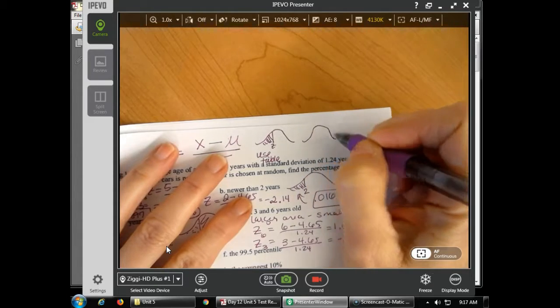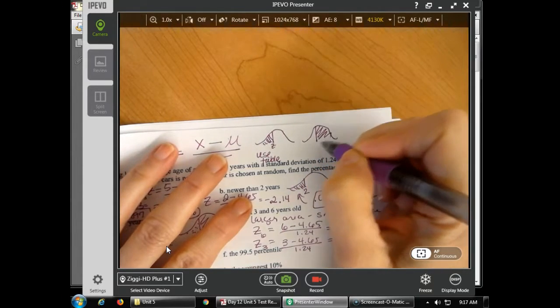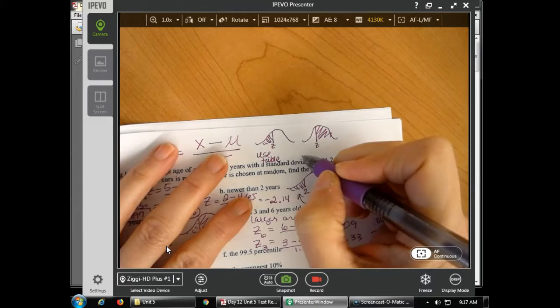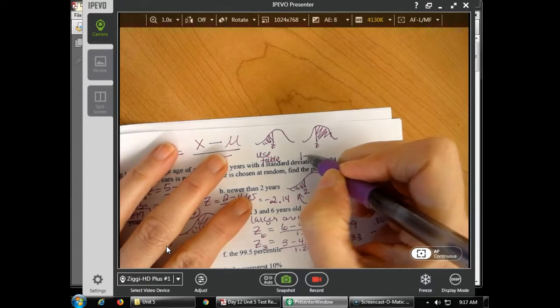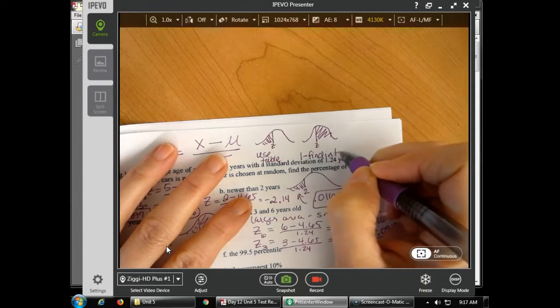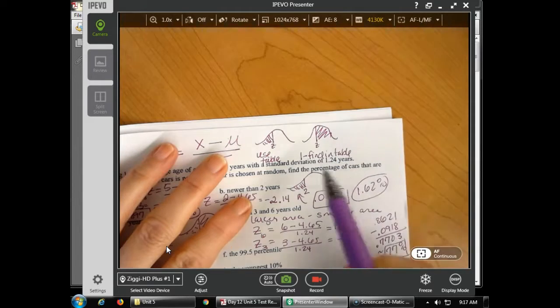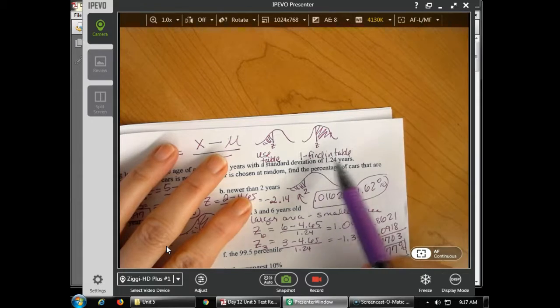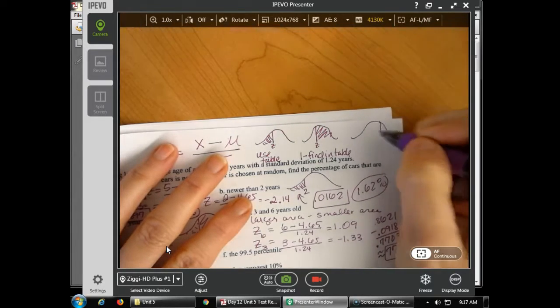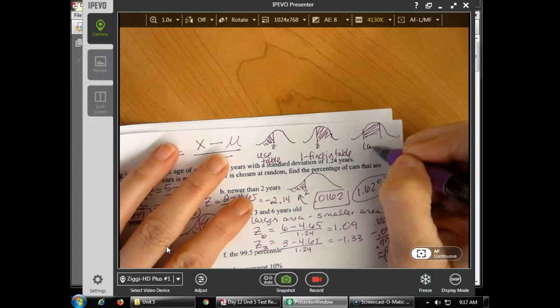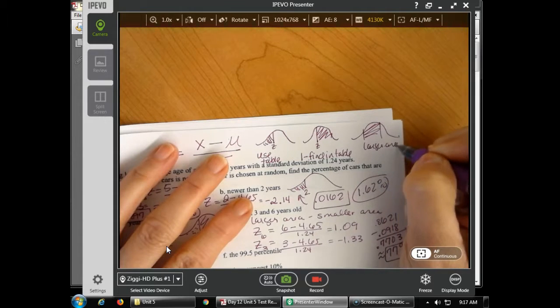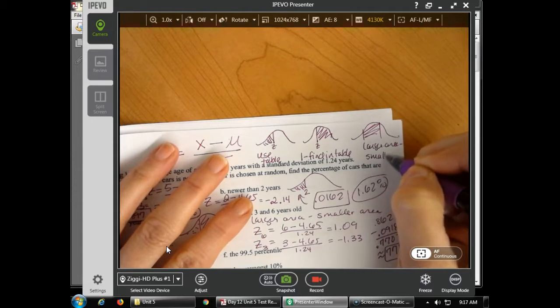If you need the area to the right, and I'm just going to draw, this z could be anywhere, guys. You use 1 minus what you find in the table. Does that make sense? So 1 minus what you find in the table. Area between is going to be larger area minus the smaller area.